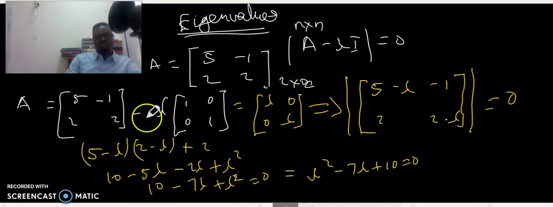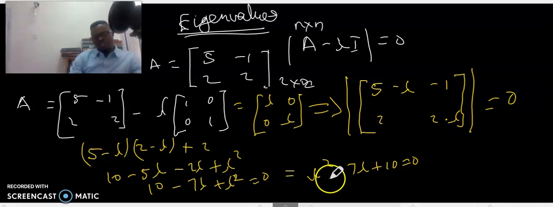This will help us use our calculator to evaluate the values of lambda 1 and lambda 2. But just before we put that in the calculator, you will notice that we did not include this 2. That means if you put this in the calculator, the value for lambda 1 will be 5, which will be wrong.